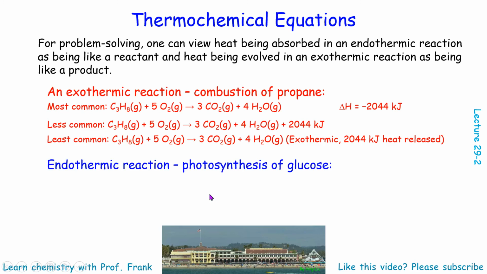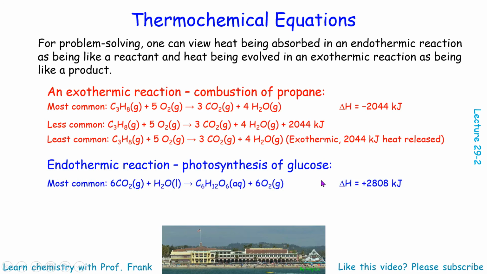Endothermic reaction, let's take a look at the photosynthesis of glucose. The most common way, you have the reaction and then a positive value. Positive means the system or the reaction gains energy.